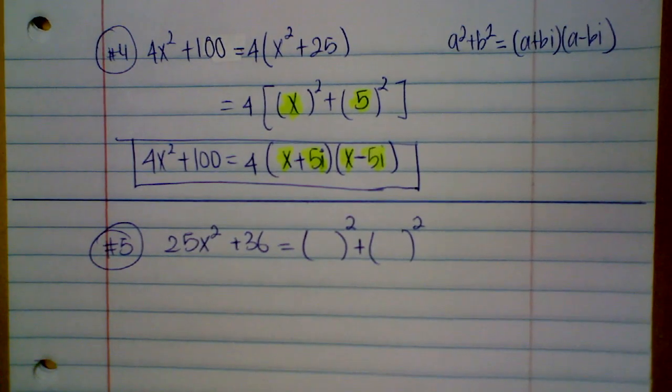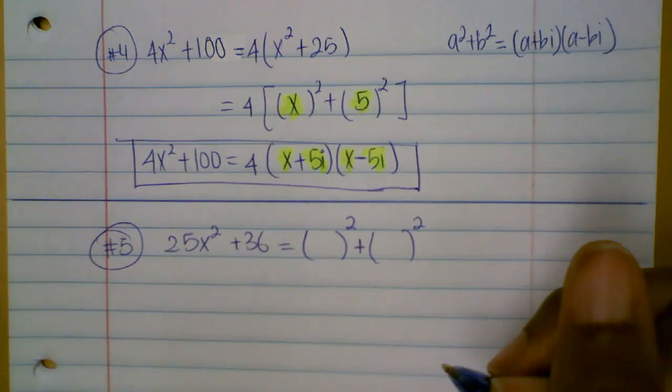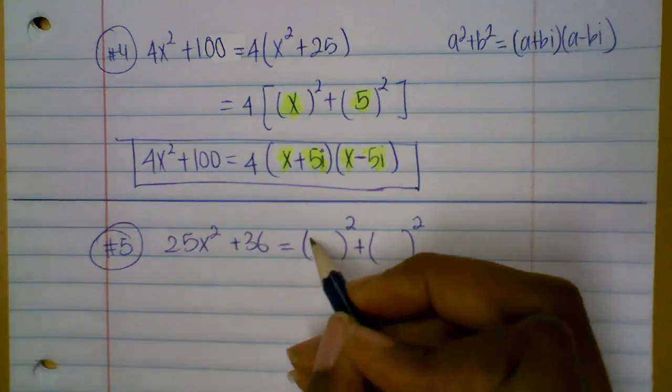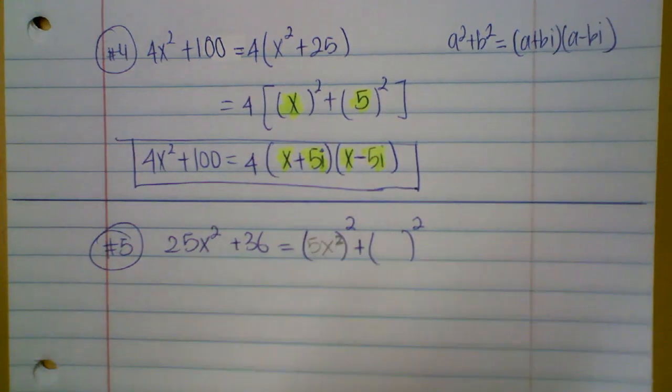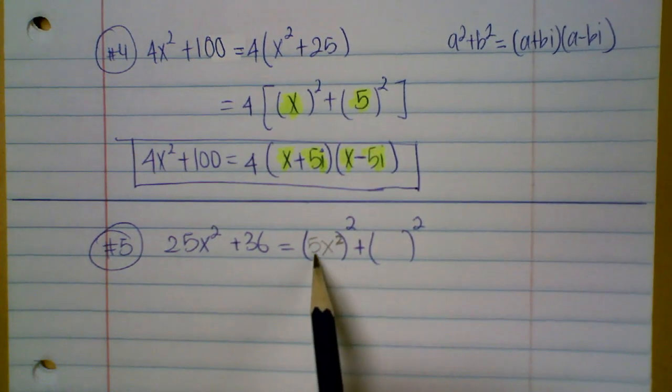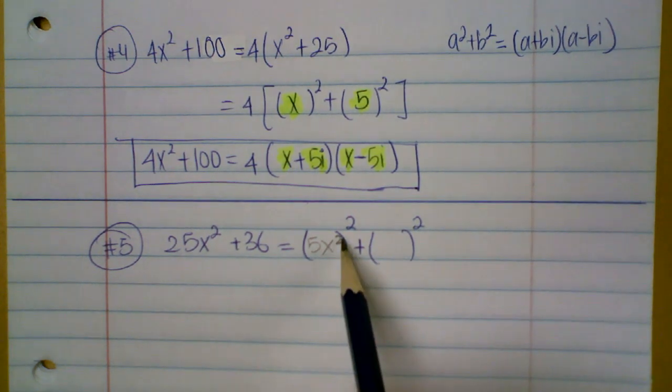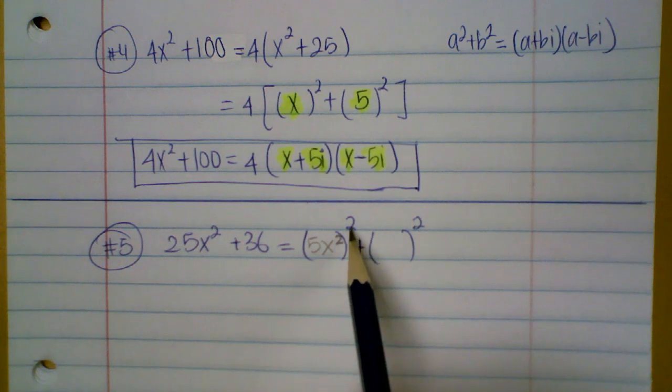Can I write 5x squared? Okay, so if you write 5x squared, remember that x squared raised to the second power is going to be 2 times 2, which is 4.